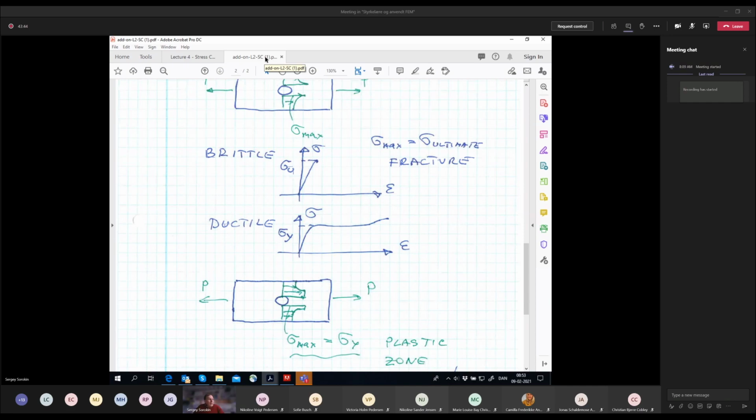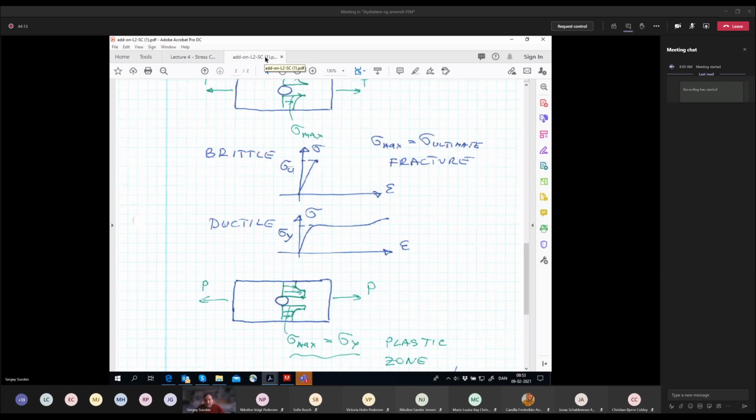Now if you have mild steels, then, this is the experience accumulated over 100 years, the development of the plastic deformation, this generation of the plastic zone, smears out the stress concentration. And then there will be no fracture.